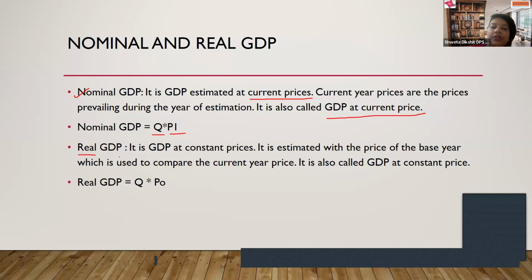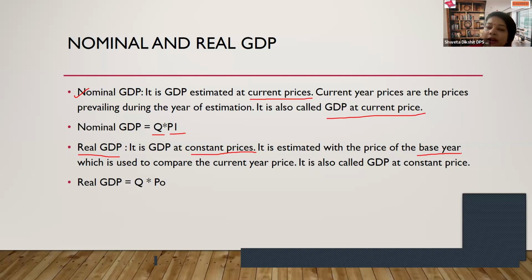Now comes the real GDP. Real GDP talks about the GDP which is measured at the constant prices, or I must say, measured at the base year prices. I repeat, they are measured at the base year prices or constant prices. Now, what are the base year prices? Going back to index number, you learned that any past year can be the base year.